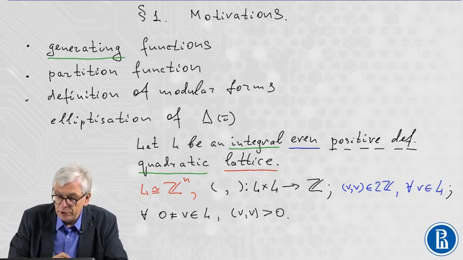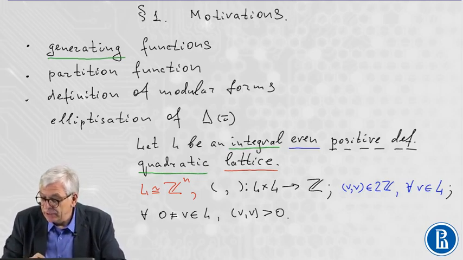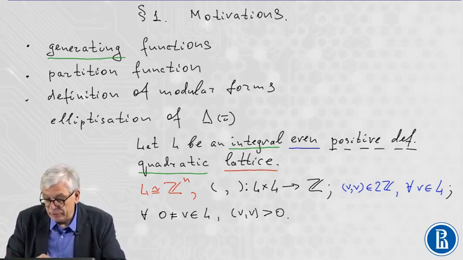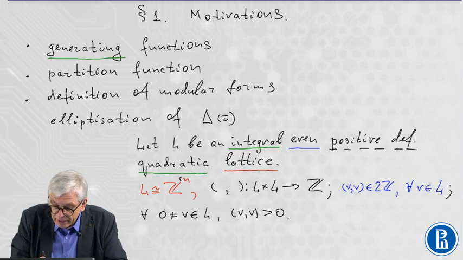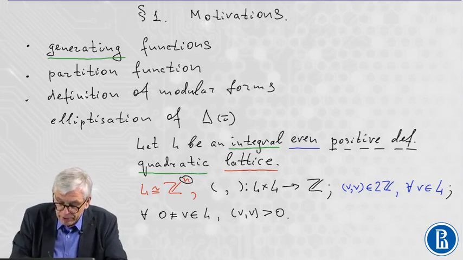This is the object which we would like to work with. So let me repeat: L, B, an even integral positive definite quadratic lattice of rank n. Here, certainly, we assume that n is strictly positive.